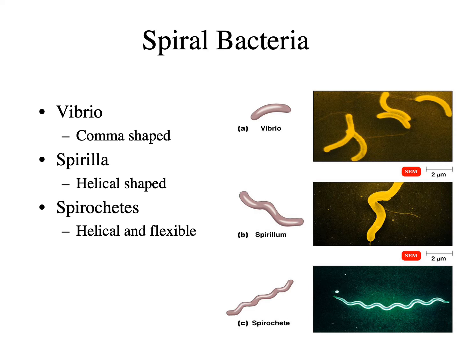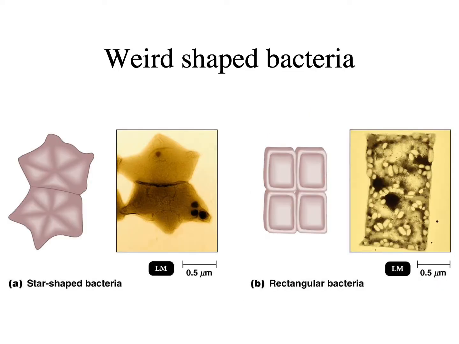If it's really tightly curled like this, it is a spirochete. And again, there are some weird-shaped bacteria. There can be star-shaped bacteria or rectangular bacteria that are hooked together. That is not a tetrad because you can see that it is structurally square-shaped like that.